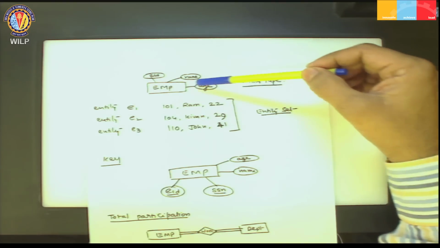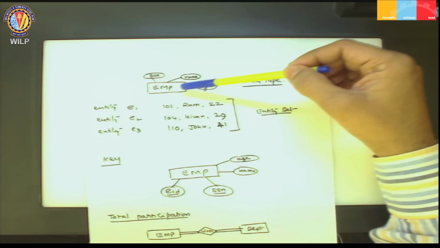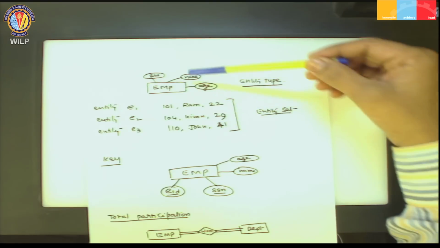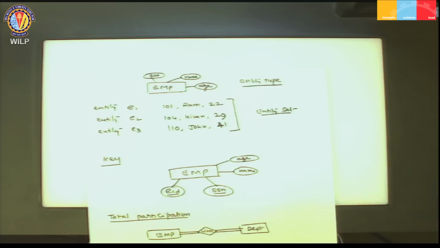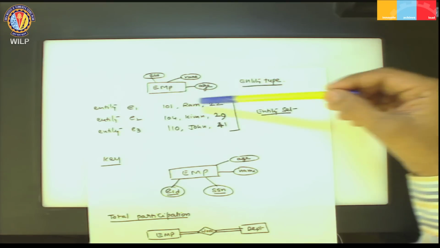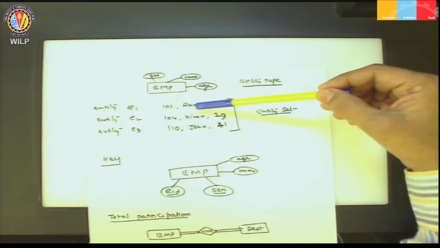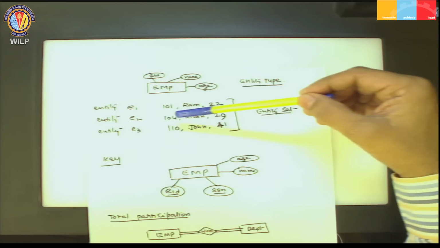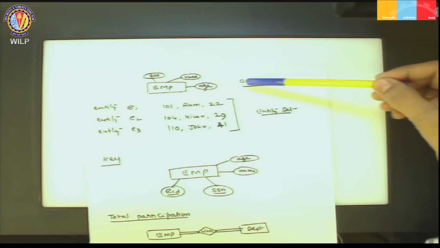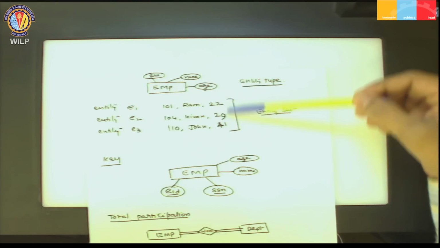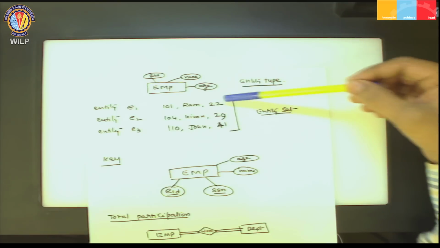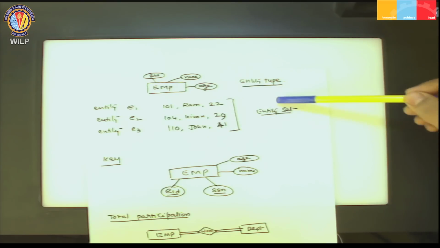So whenever I am instantiating an entity of this type, it must contain employee ID, name and age as attributes or properties. So the first entity is 101, name is Ram and age is 22, and similarly the second and third. This is the entity type which defines the structure for the entities, and these are the actual instances, which we call entities, and the collection of similar kind of entities is called an entity set.